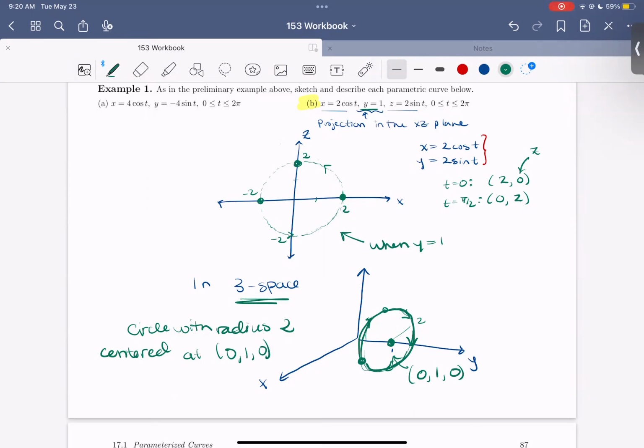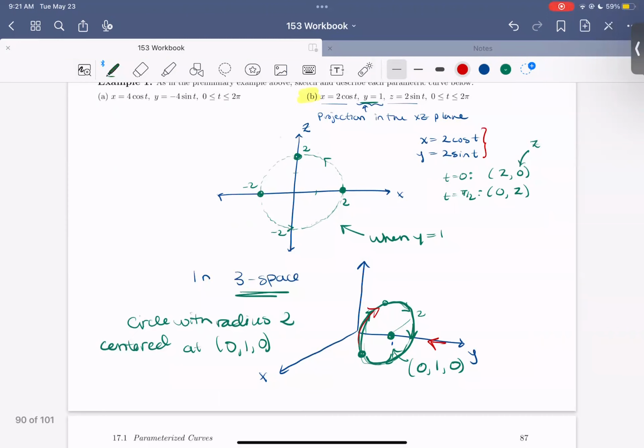And then we can also describe its orientation. If we view this circle from the positive y direction, we look down at it from the positive y direction, we see that it's going clockwise. Because the curve is parametrized, we traverse it, or we draw it, a certain way based on how t changes.